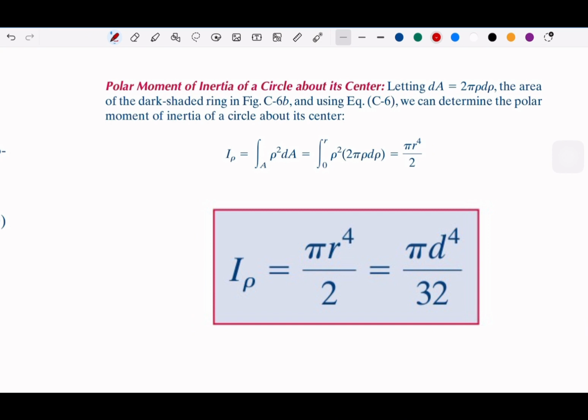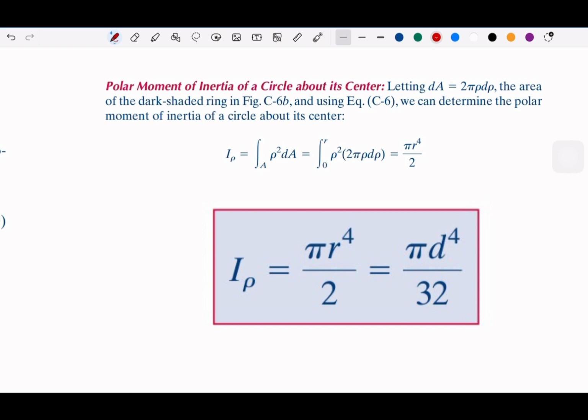So diameter over 2, which because of the power of 4 will be 16, multiplied by 2 is 32. Okay? So this is again similar to the rectangle. We are going to see this for some time.